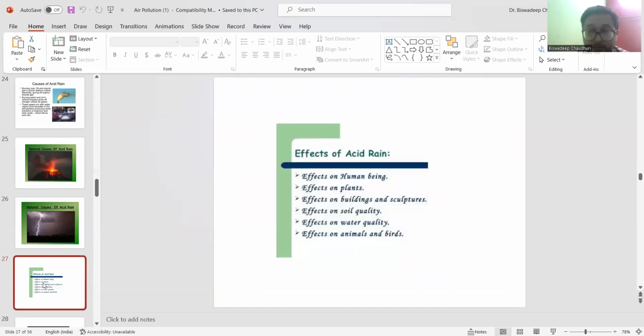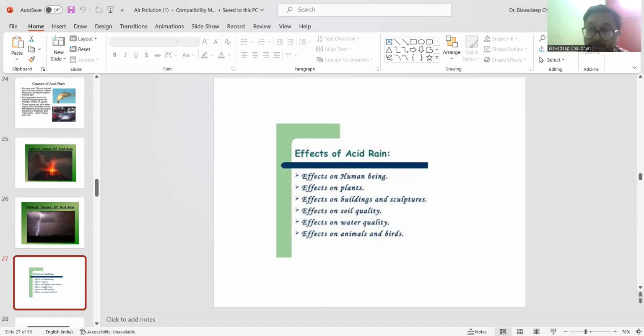Now, effects of acid rain: effects on human beings, effects on plants, effects on buildings and structures, effects on soil quality, effects on water quality, effects on animals and birds. Among those, the effects on plants, soil, water, and animals are very, very devastating.